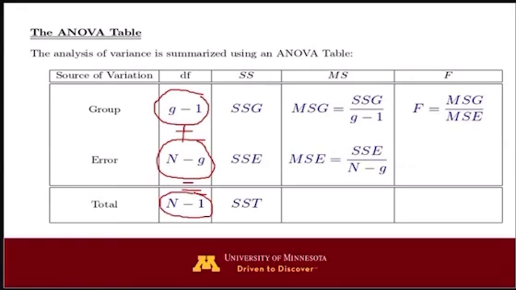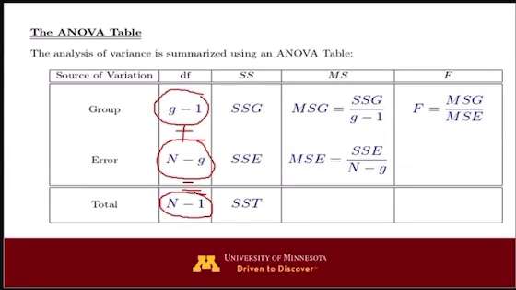Please take notes. In the ANOVA table, I have 3 degrees of freedom. The first, G minus 1, is the degree of freedom for group. N minus G is the degree of freedom for error. N minus 1 is the degree of freedom for total. Is there any question? The very first column you complete is the degree of freedom column.